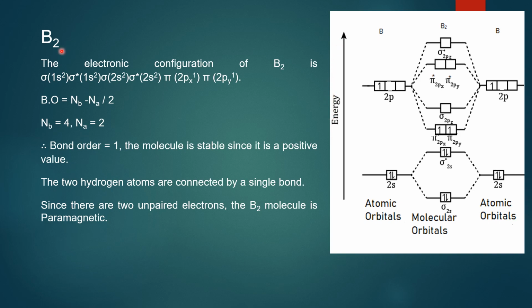Each boron has 5 electrons, so a total of 10 electrons, which can be accommodated by the bonding and anti-bonding molecular orbitals which are present on either side of the atomic orbitals of both the boron atoms.